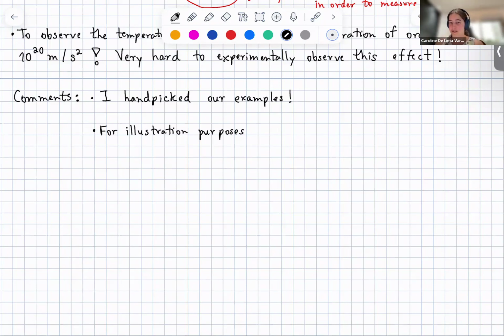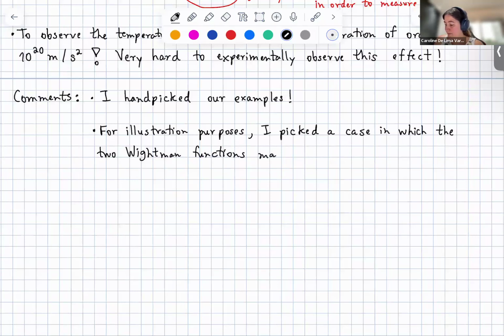So what I did was I picked a case in which they match, right? So I basically picked a case in which the two Wightman functions match.